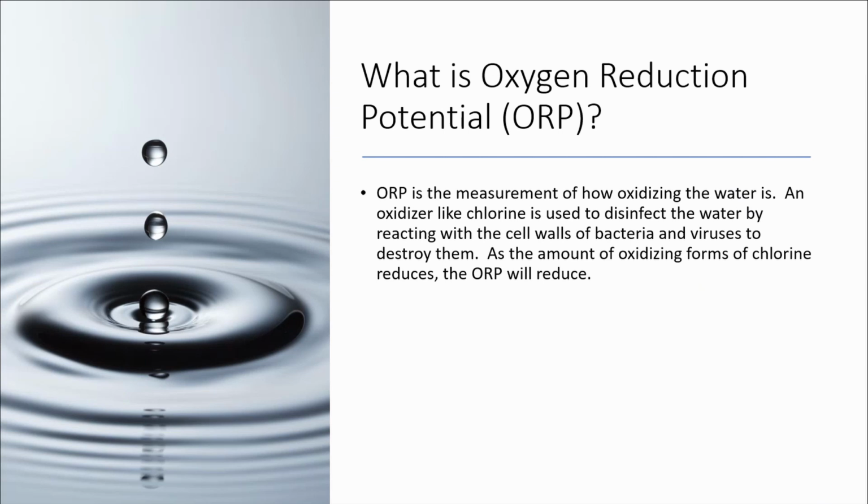But if your disinfection system is chlorine, then the ORP measurement will be of the oxidizer chlorine, and it's really what's available to oxidize. So it's going to be your residual determination. So as the amount of the oxidizing forms of chlorine reduces, your ORP measurement will also reduce, correct? Yep. Okay.